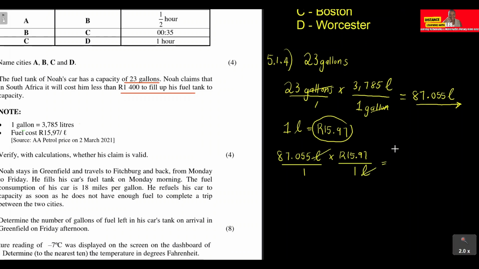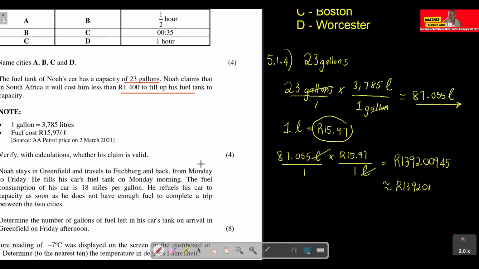If you punch this into your calculator, 87.055 multiplied by 15.97 divided by 1, you will get that he actually pays 1,392.00945 rand for petrol, which is approximately 1392.01.